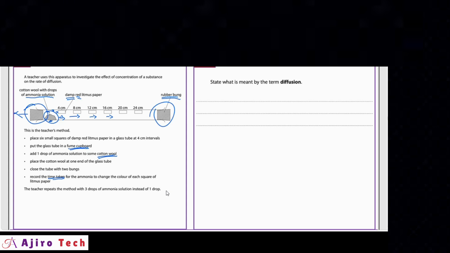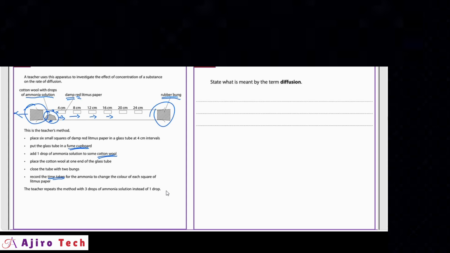Why would the litmus paper change from red to blue? The reason why they change from red to blue is because ammonia is alkaline in nature. So it changes red litmus paper to blue. So that is what will be observed.